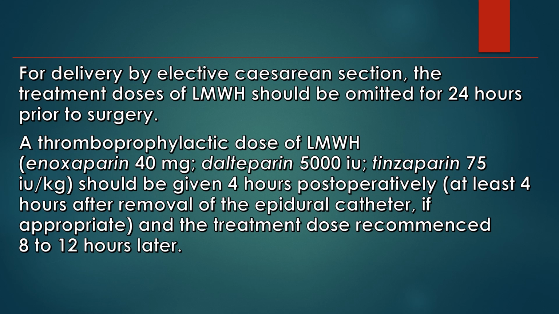A thromboprophylactic dose of low molecular weight heparin, enoxaparin 40 mg, dalteparin 5,000 international units, or tinzaparin 75 international units per kilogram, should be given 4 hours post-operatively, at least 4 hours after removal of the epidural catheter if appropriate, and the treatment dose recommenced 8 to 12 hours later.